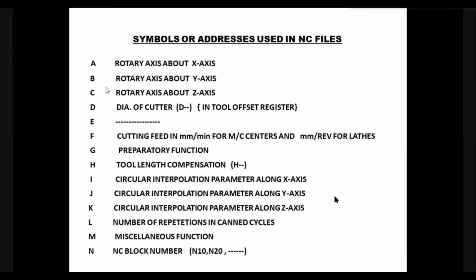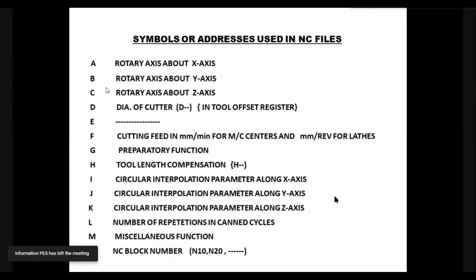So as and when required, the control will search the value entered in the D33 register and consider that while executing the operation as programmed by us. Okay.